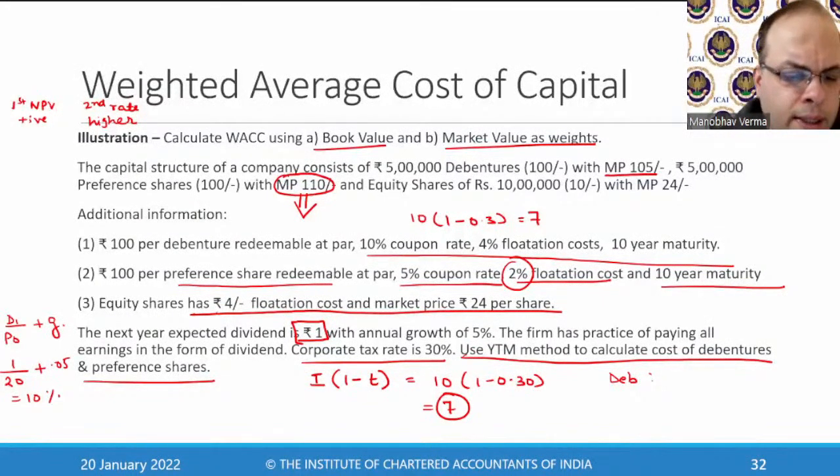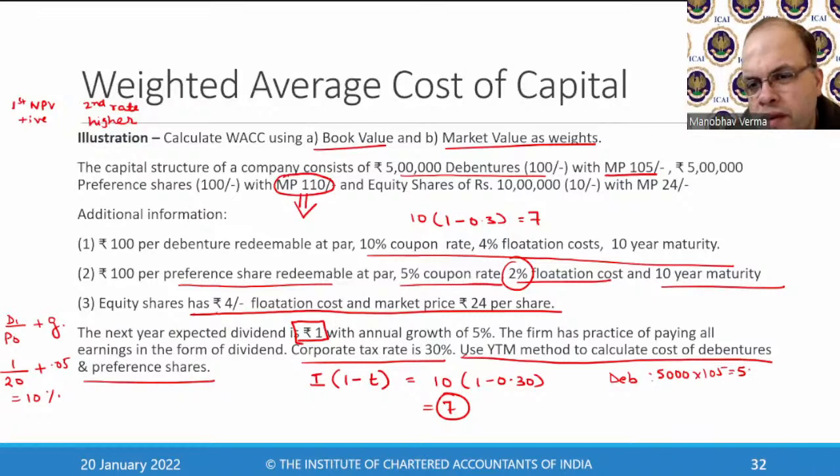Yeah, Pooja, the table is generally given. So the debentures market value: how many debentures do we have? 5,000. 5,000 multiplied by 105, that is 525. What is the market value of the preference shares?